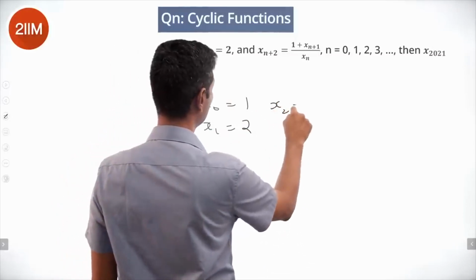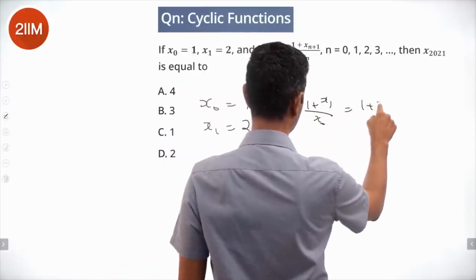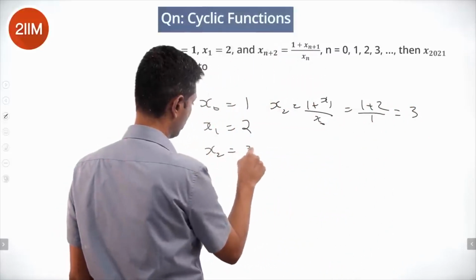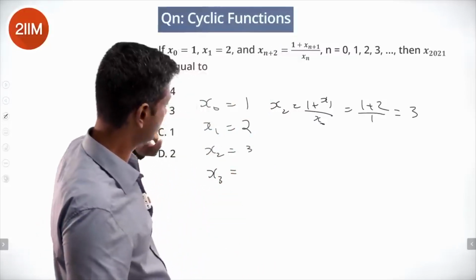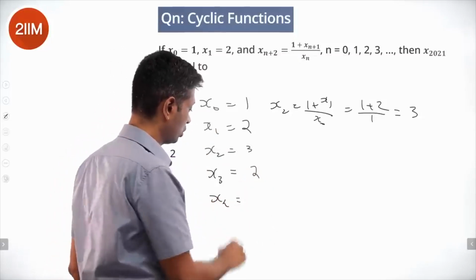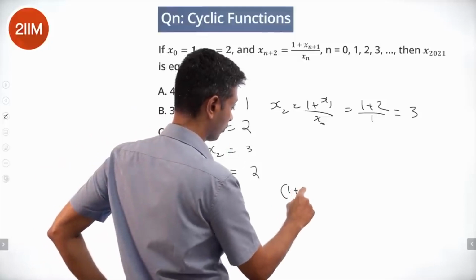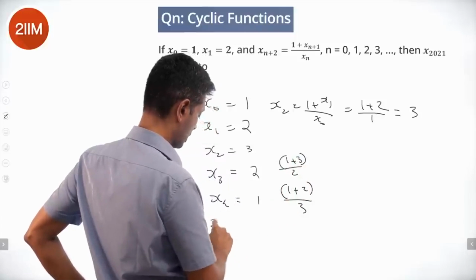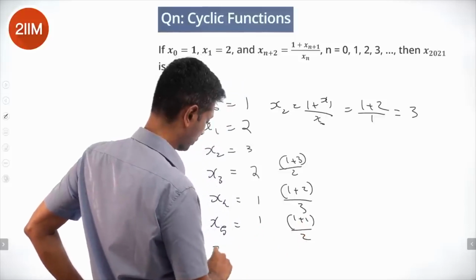So x2 is 1 plus x1 by x0, 1 plus 2 by 1, which is 3. x2 is 3. x3, 1 plus previous term divided by this: 1 plus 3, 4 by 2, 2. x4, 1 plus 2 divided by this, 1 plus 2 by 3, this is 1 plus 3 by 2. x5, 1 plus 1 by 2, 2 by 2, 1.